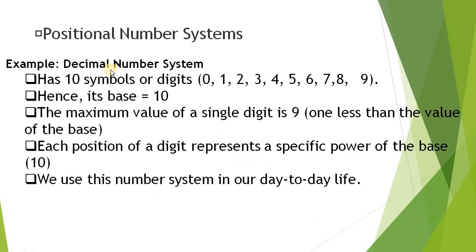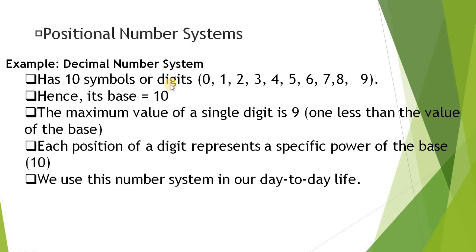The first category of positional number system, the commonly used number system that we deal with in day-to-day life, is the decimal number system. Deci means 10 here. That means in the decimal number system we have 10 symbols, or 10 digits.